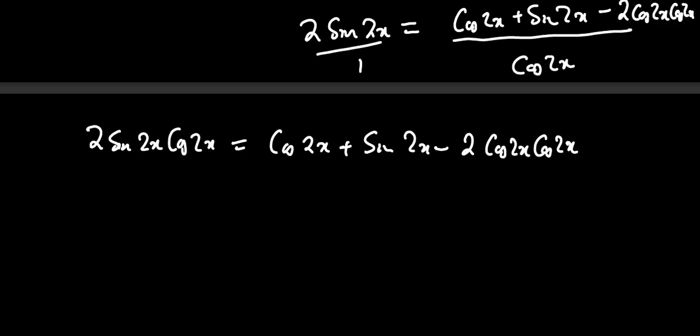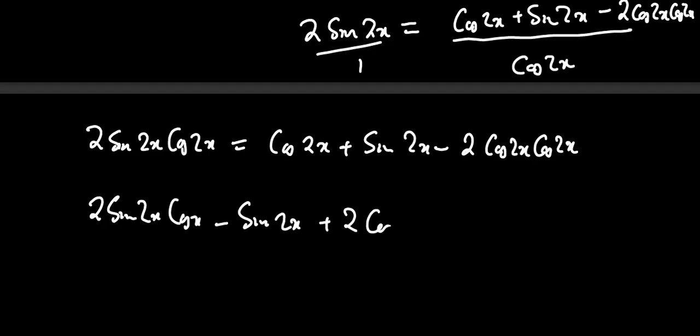So from here, we can try to gather anything that may give us like terms. So we can have 2 sin 2x cos 2x minus sin 2x, then plus 2 cos 2x cos 2x minus cos 2x.